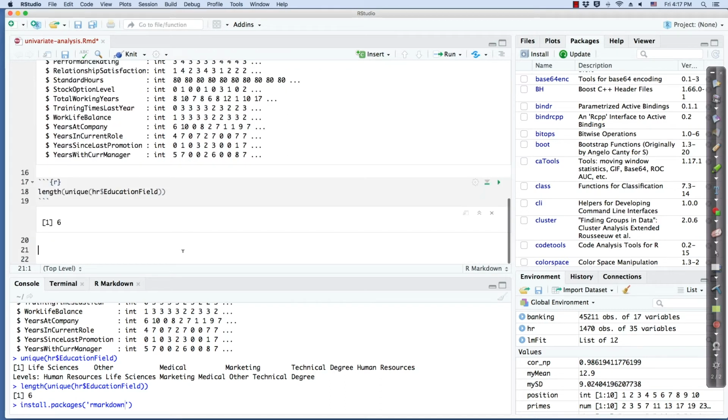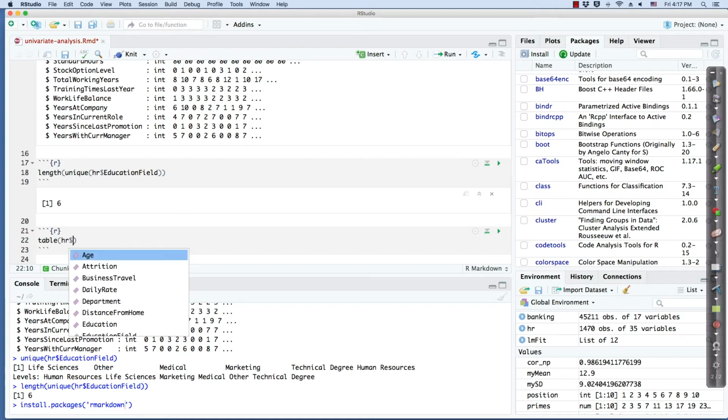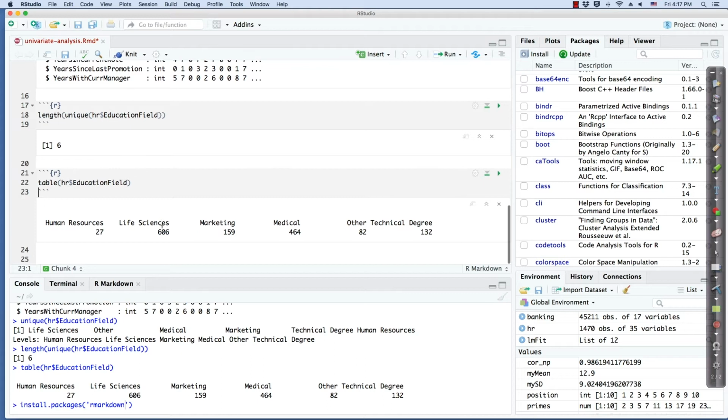Let us now look at the frequency of each of these categories using the table function. To the table function, we can just pass the education field column alone. Now, for each of the unique categories, we have the frequency as well. For example, the number of employees under human resources is 27, and the number of employees under life sciences is around 606. Likewise, we have the frequency of each of the categories.